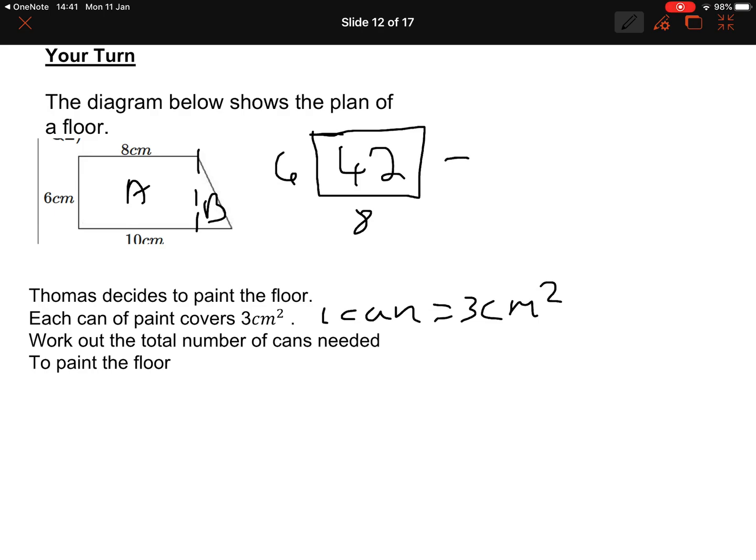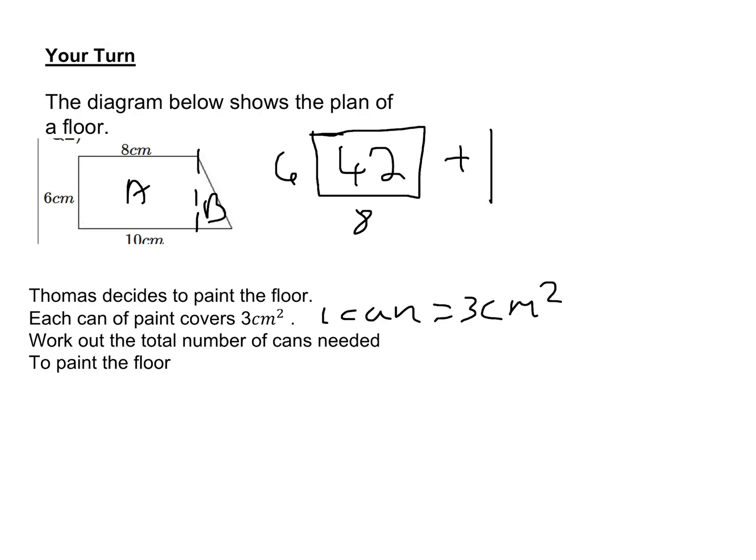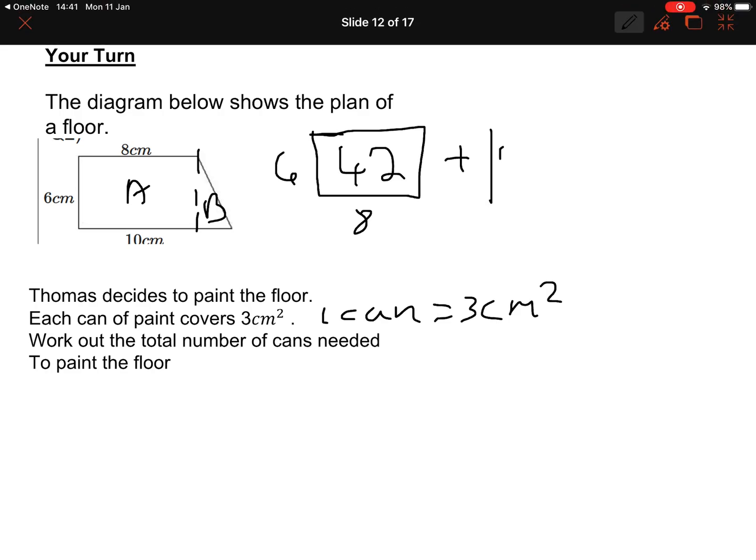And remember, it's 6 by 8, not 6 by 10. Plus the area of a triangle. Now the height is going to be 6 because the distance from this point to this point is 6. Therefore, the distance from this point to this point is also going to be 6.